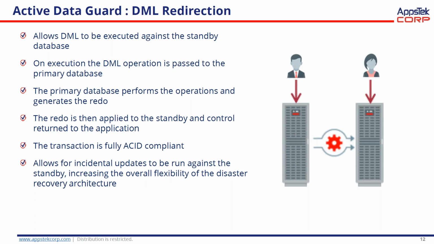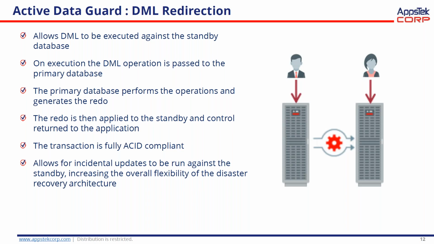So what will happen? The DML redirection is automatically performed from an Active Data Guard. That is a great new feature. This allows DML to be executed against the standby database. On execution, the DML operation is passed to the primary database. The primary database performs the operations and generates the redo.